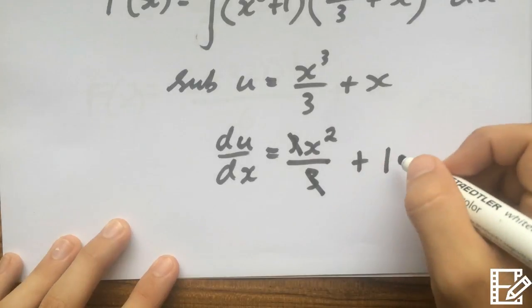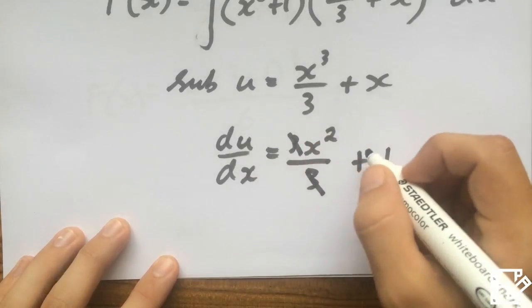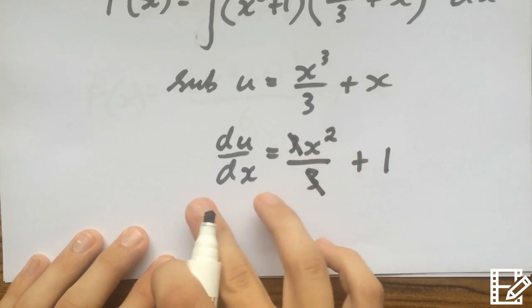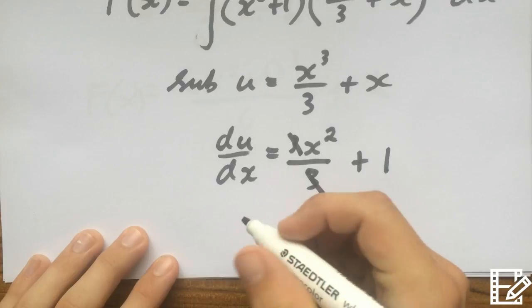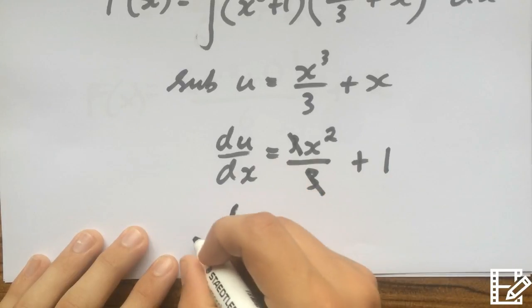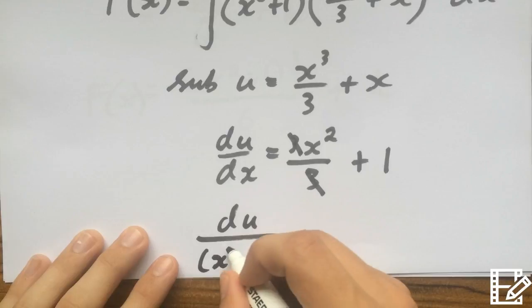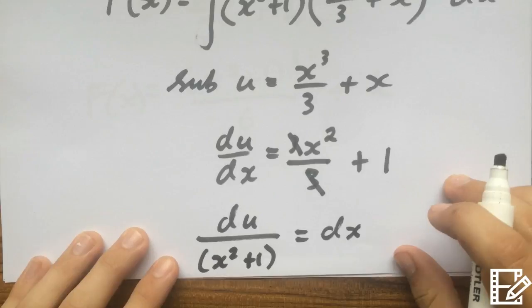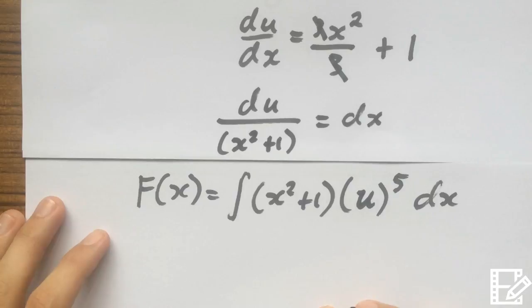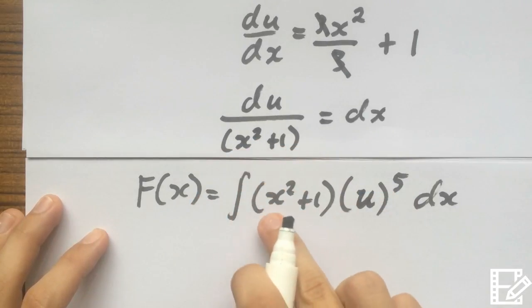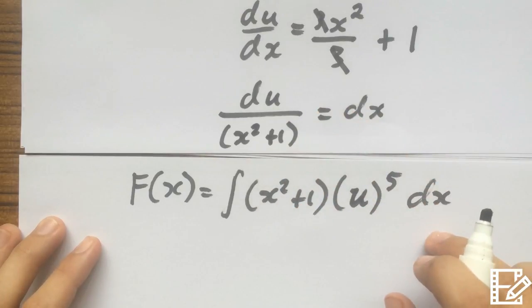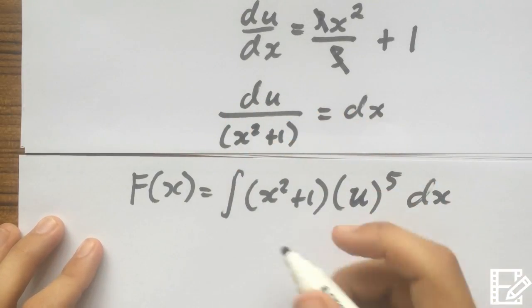And so we have x squared plus 1. Now, if we were to bring the x squared plus 1 onto the bottom and bring the dx up to the other side, it would look something like this. Du over x squared plus 1 equals dx. We start to notice something, and that something is that x squared plus 1 is the same as x squared plus 1. And because we have a dx here and a dx here, we can sub in all this for the dx.